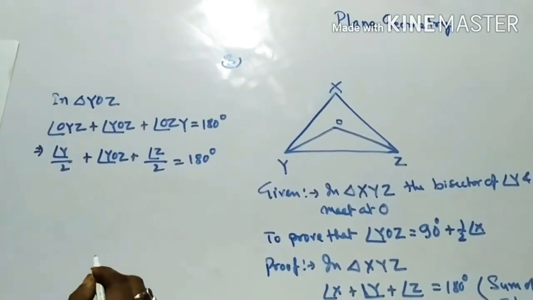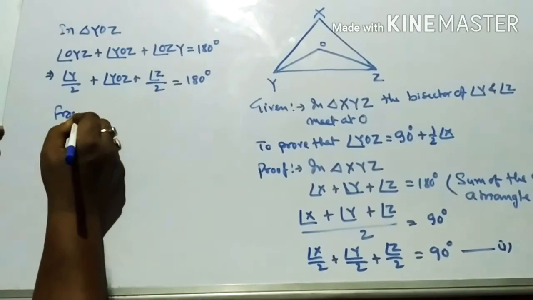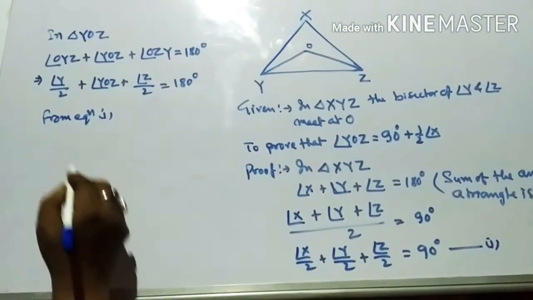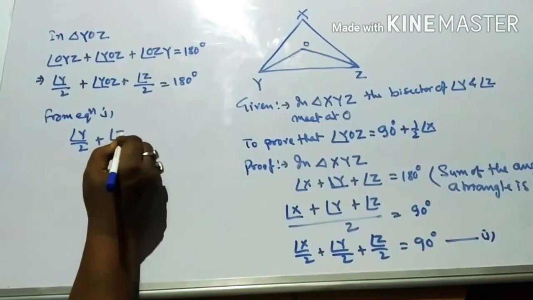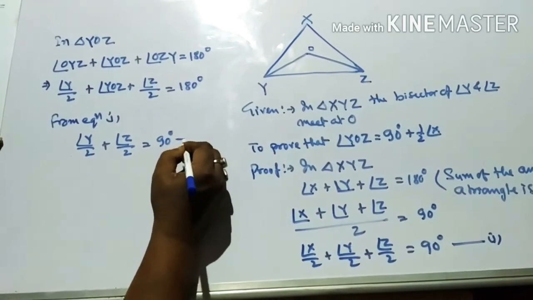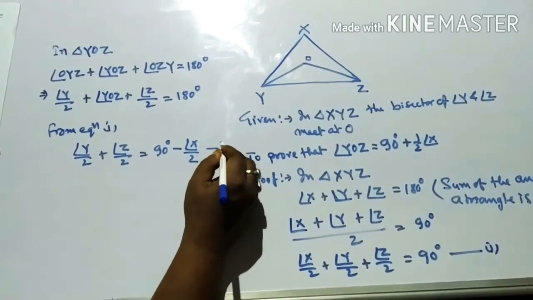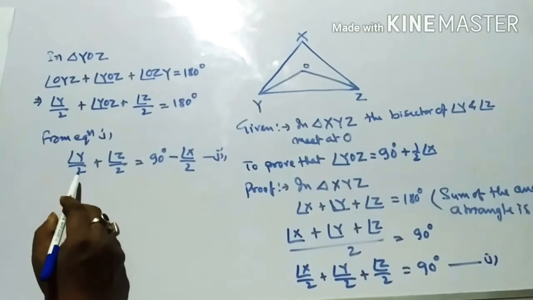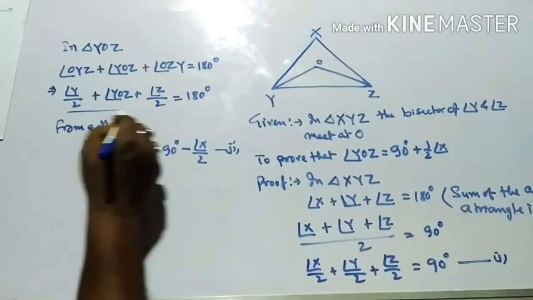Now see, from equation 1 I get angle Y by 2 plus angle Z by 2 is equal to 90 degrees minus angle X by 2. This is equation 2. Now I am going to put the value of angle Y by 2 plus angle Z by 2 in this equation.